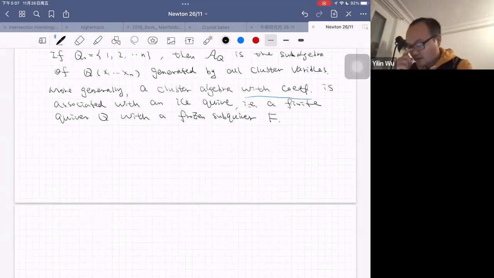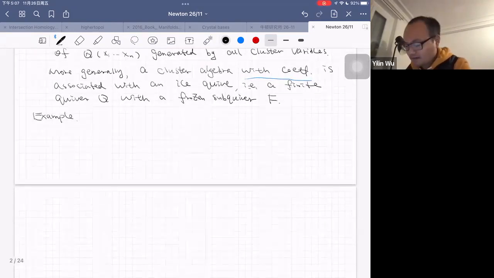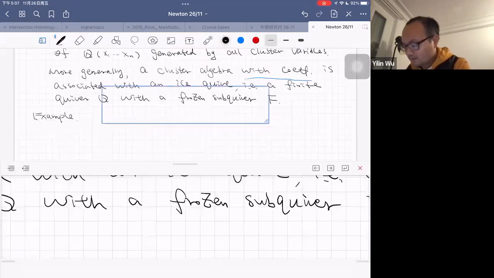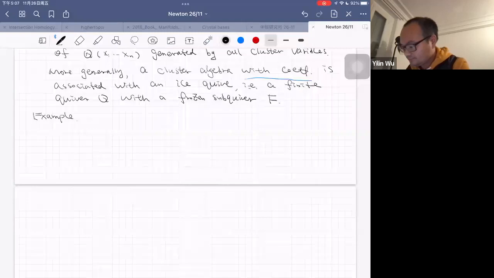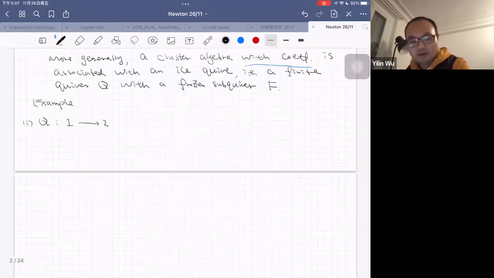Let me introduce some examples. The first simple example is we consider the quiver Q with just two vertices, the A2 quiver.